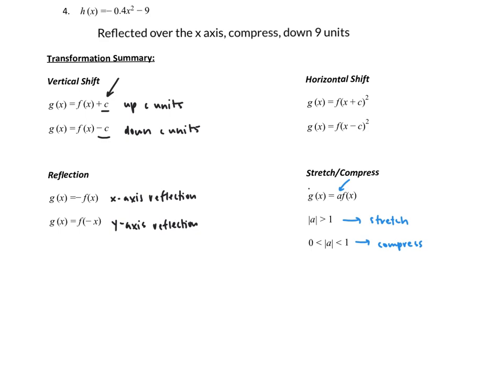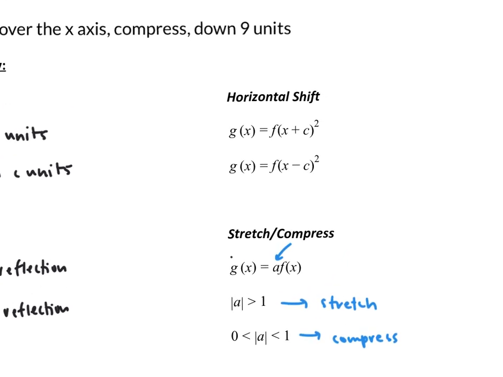Then today we're going to talk specifically more about a horizontal shift. So up here at the top right, we could go left or right depending on some information that's in our function. So if we see f of x plus c, the quantity squared, this means we are going to do a translation of left c units.